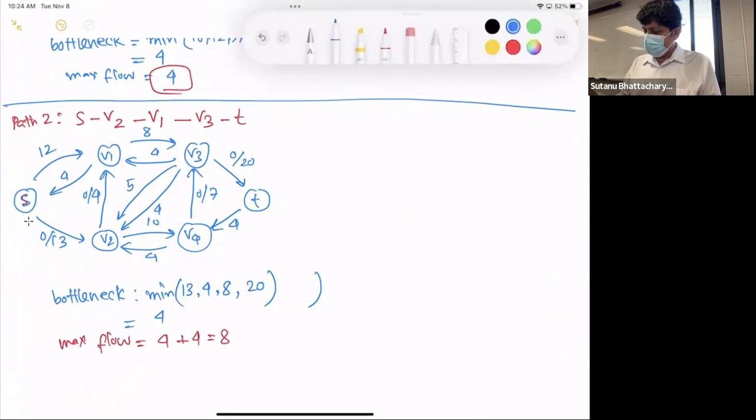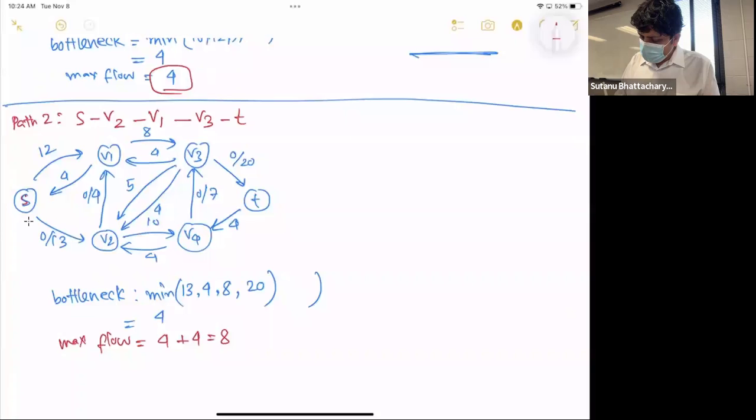So now let's draw the flow. So here we have chosen this path. First draw the path. So this is the path that we have chosen. And so modify the flow. So it is 4, it is 4, it is 4, it is 4. Okay.